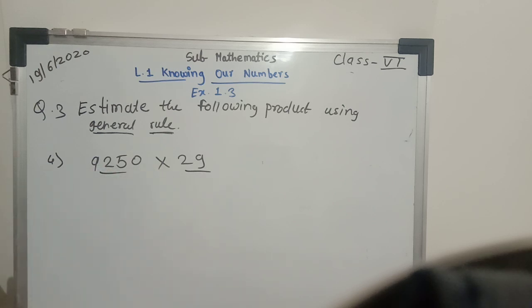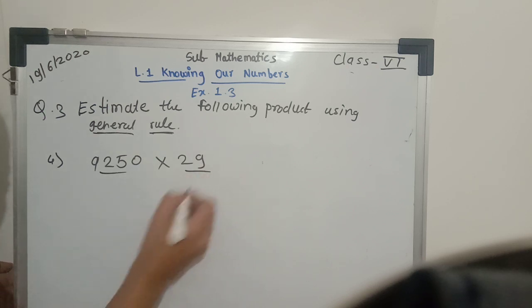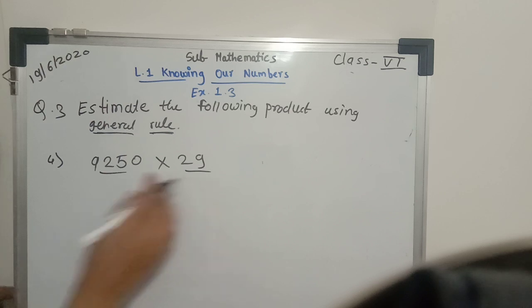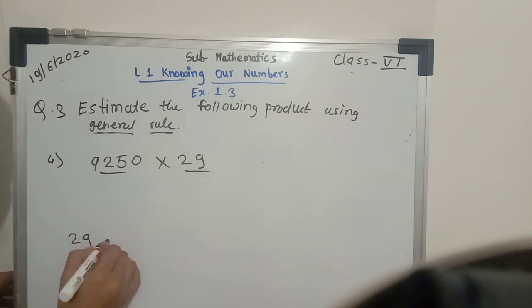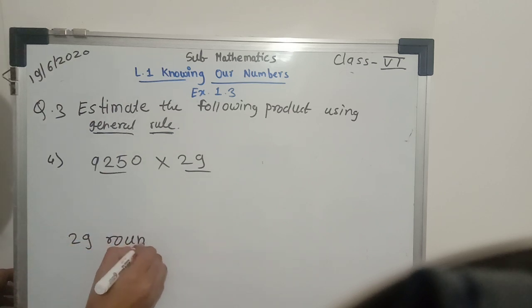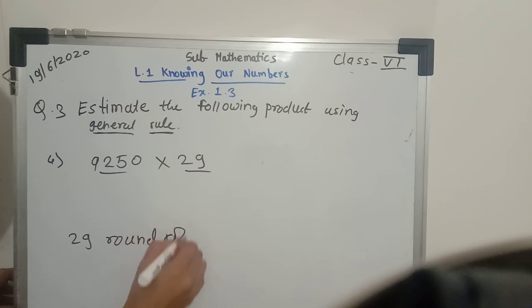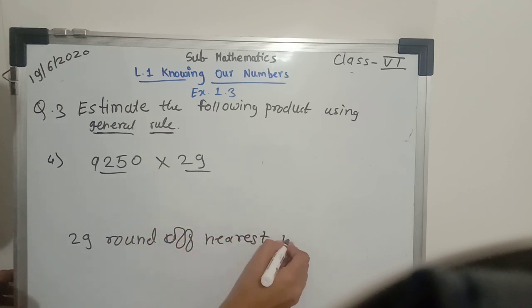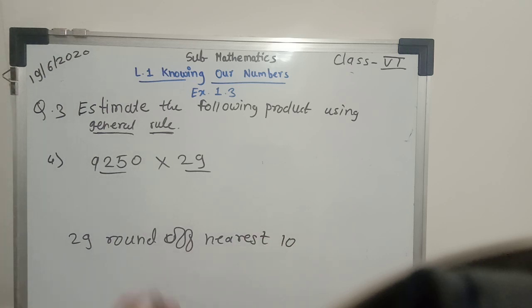Two different digit numbers are there. So here what we will do, the 2-digit number we can round up to the nearest 10 only. So here 29, here what we have to do, we have to round up nearest to 10.